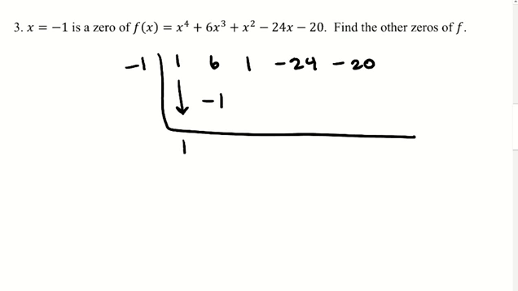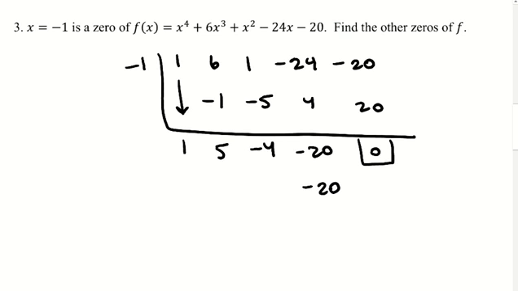I'm running it through synthetic division. Okay, and I've got myself a quotient. So what I've got left is -20, -4x, positive 5x squared, and positive 1x to the third.